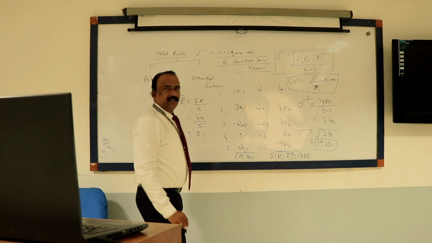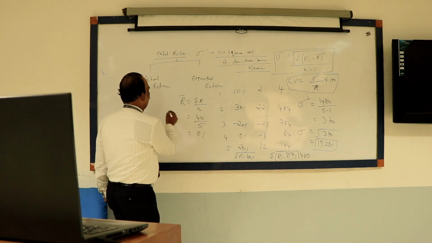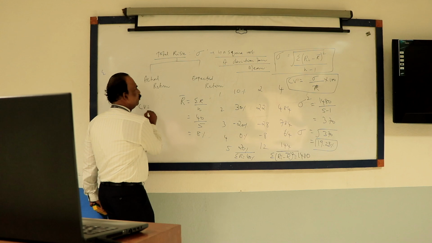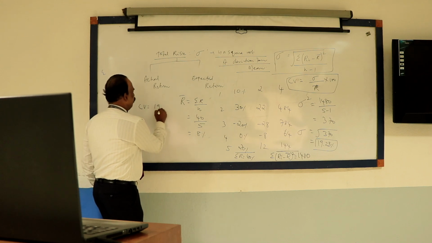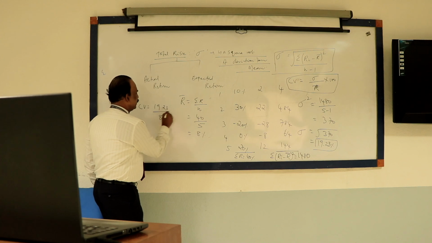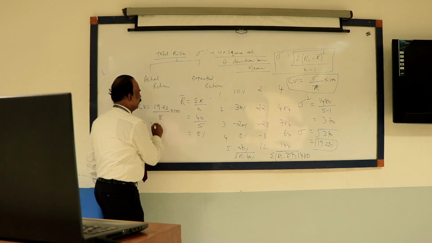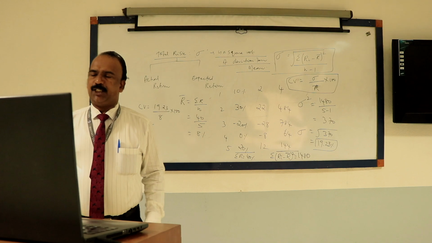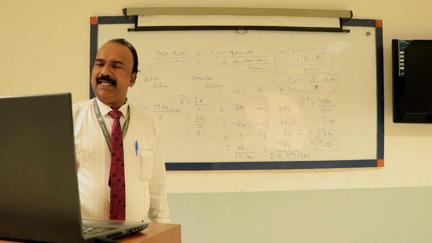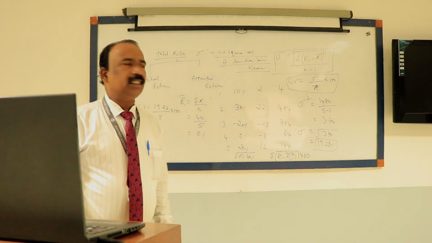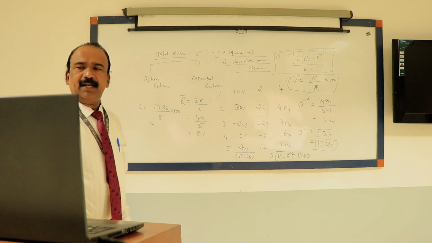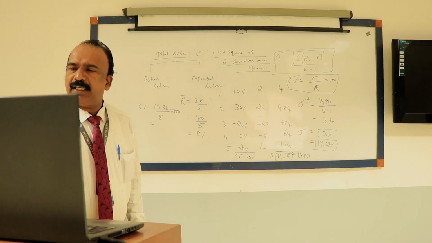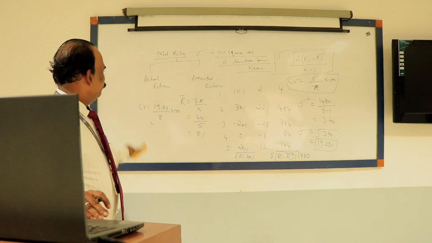Standard deviation is 19.23, R bar is 8, into 100. That is 19.23 divided by 8 into 100, which will give you coefficient of variation.